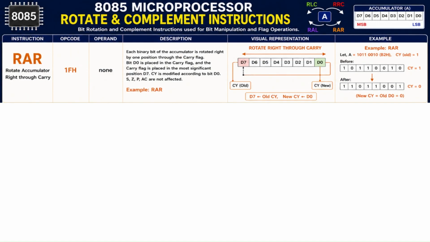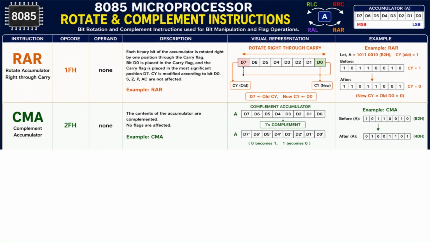Let's move to our next instruction, CMA, which stands for Complement Accumulator. Its opcode is 2FH, and again there is no operand. Understand the visual representation. The accumulator contains D7, D6, D5 all the way up to D0.